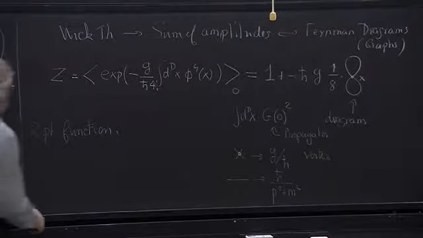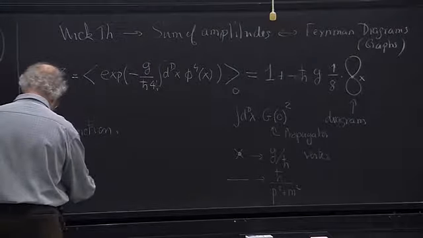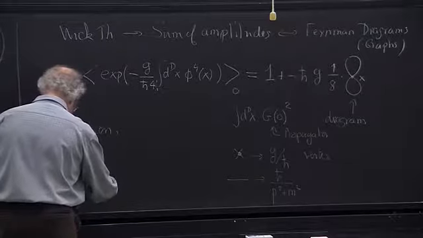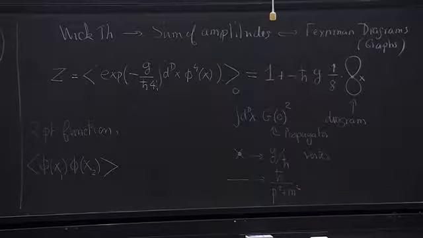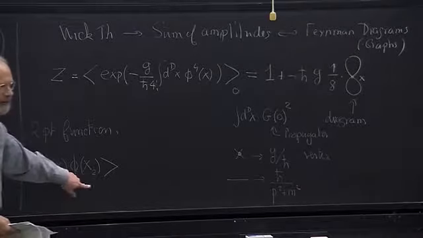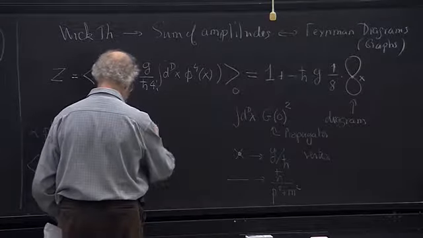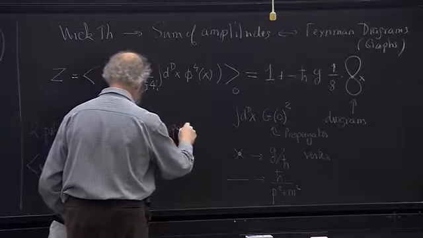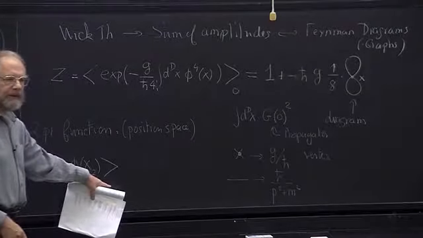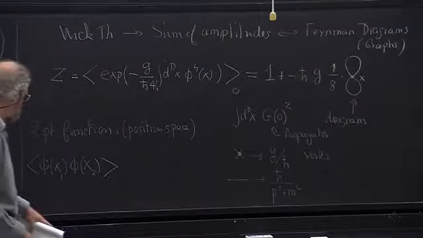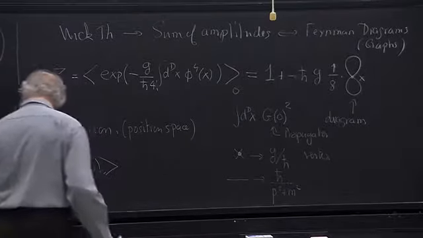Okay, so the two-point function, remember, is just, in position space, given by the expectation value calculated through the functional integral of the product of two fields at two different points, x1 and x2. I'm working in position space, as usual, but that's not important. Okay? And this is for the interacting theory. Okay. So this is the ratio of something, and let me write it again, that will be better.